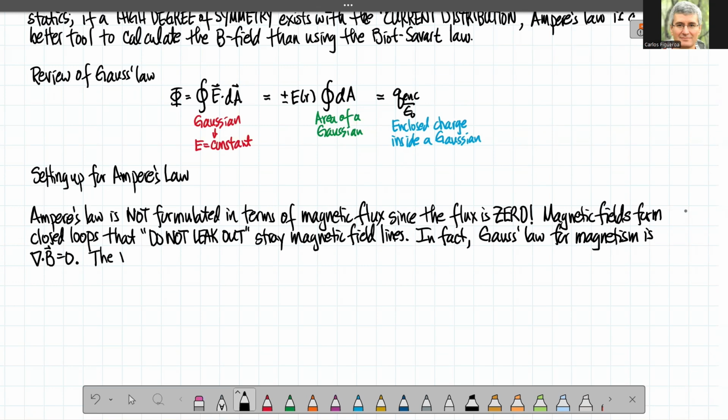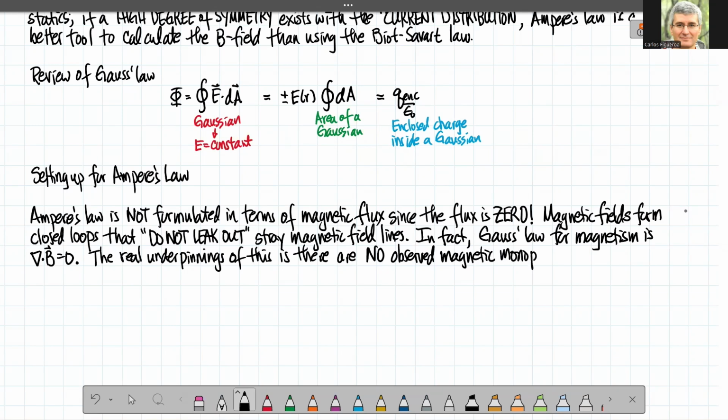However, the real underpinnings of this is there are no observed magnetic monopoles in nature. That's why del dot B is equal to zero.